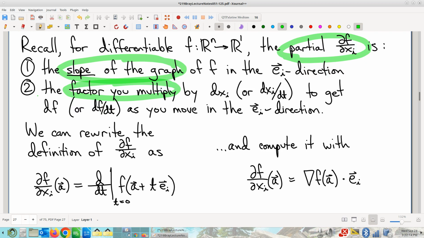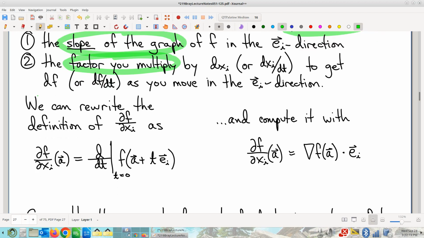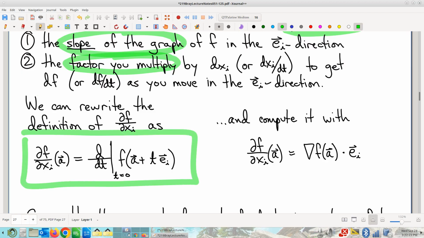Now, here's another couple of formulas. We haven't written these down before, but these are still true. Kind of a strange one here. Claim that this is true.